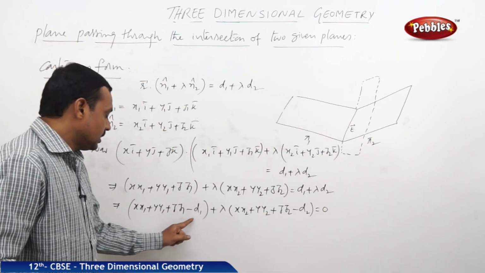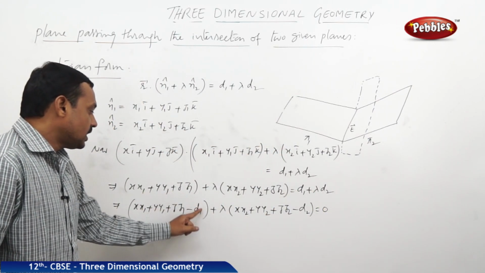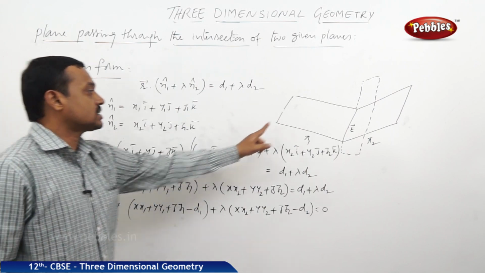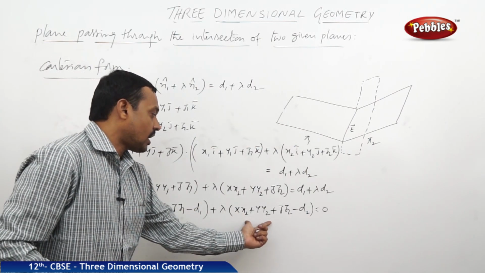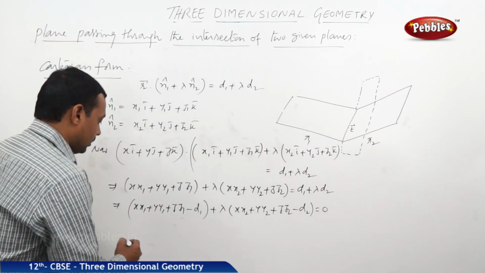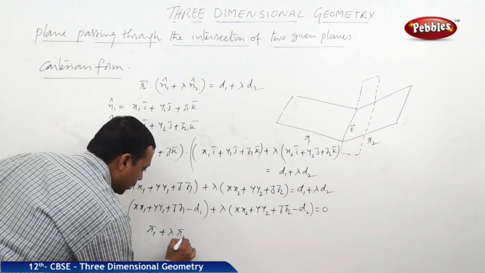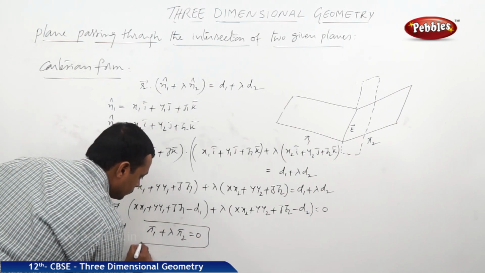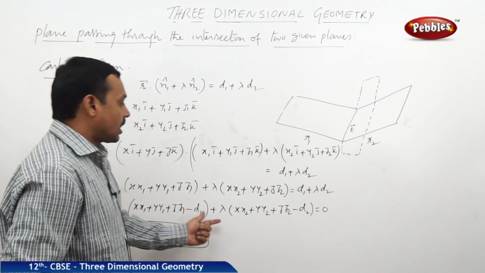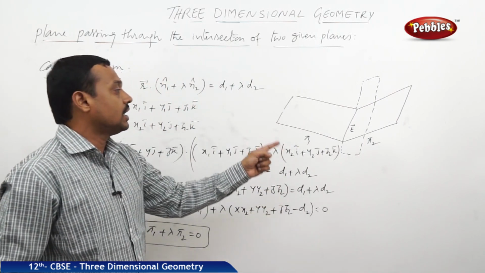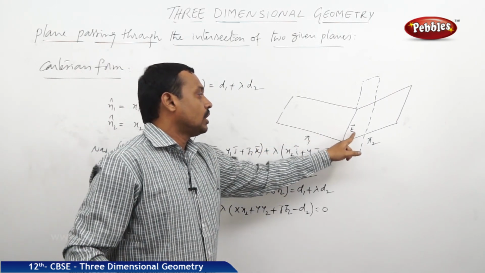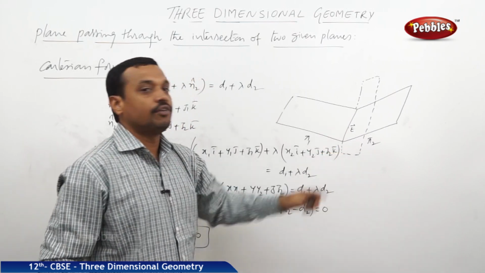What is this? It is the Cartesian equation of the first plane, and this one is the Cartesian equation of the second plane, so it is pi 1 plus lambda pi 2 is equal to 0. So this is the Cartesian equation of the plane that passes through the line of intersection of the two given planes.